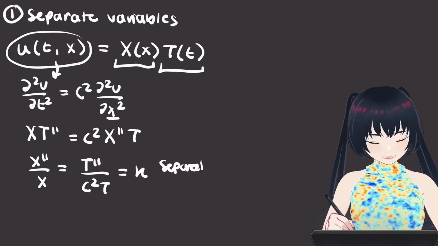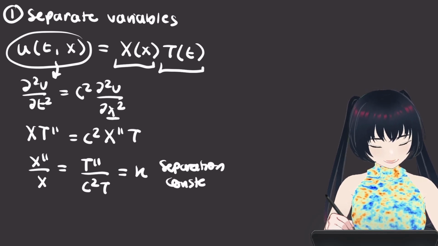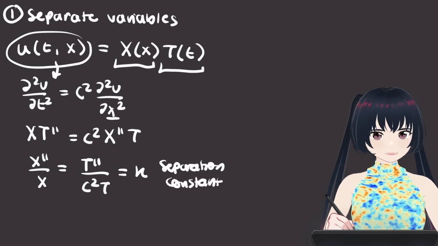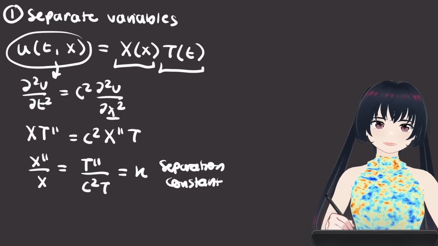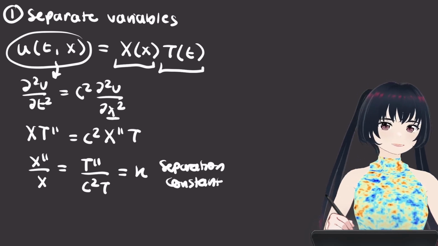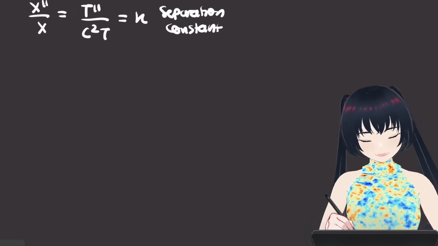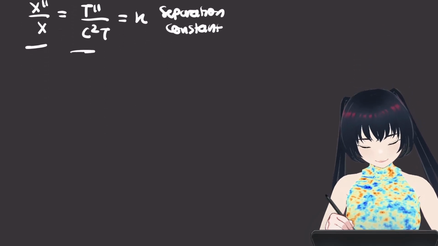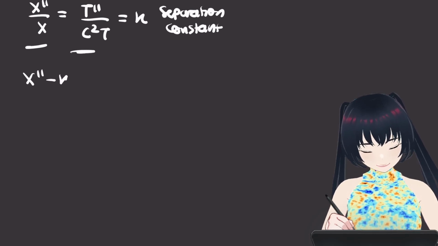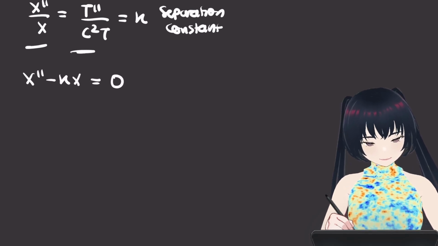That can just be any number. We're setting this as an arbitrary separation constant. And this is important because we'll later solve for what this separation constant is. And then in the meantime, we can take our two equations here and transform them into equations with respect to k.